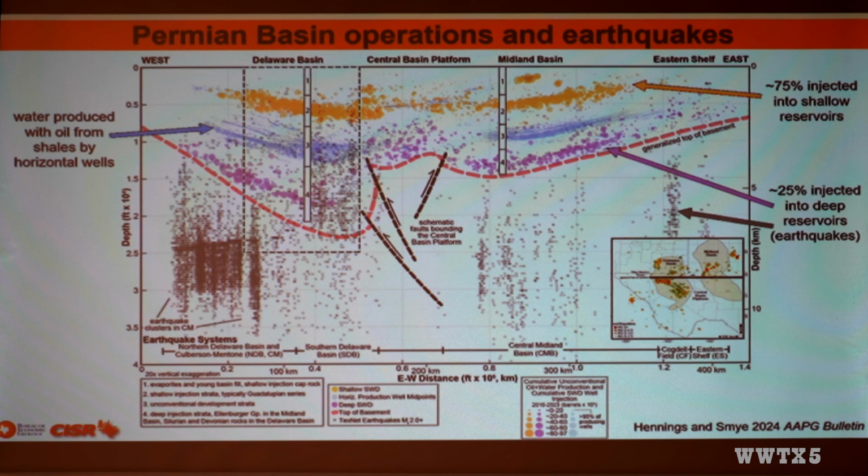Then the red and black dots represent all the earthquakes. They are typically in the basement. Some of them are shallower and may be due to the fracking itself, but that's fairly uncommon. They are typically due to injection.